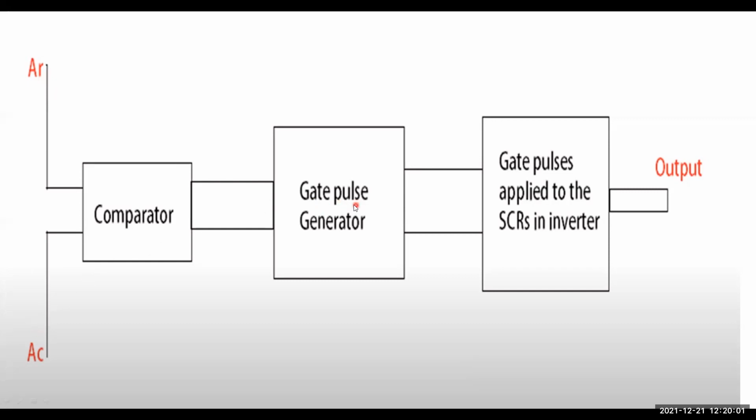The comparator compares the two inputs, reference signal and carrier signal, and generates the gate pulses. These are fed to the inverter SCRs, then the output voltage can be controlled and we get a sine waveform output.